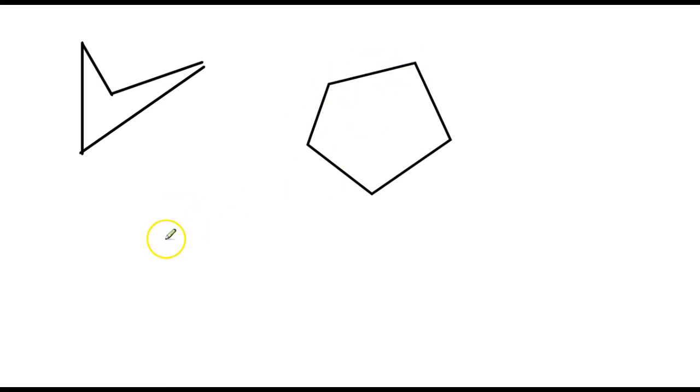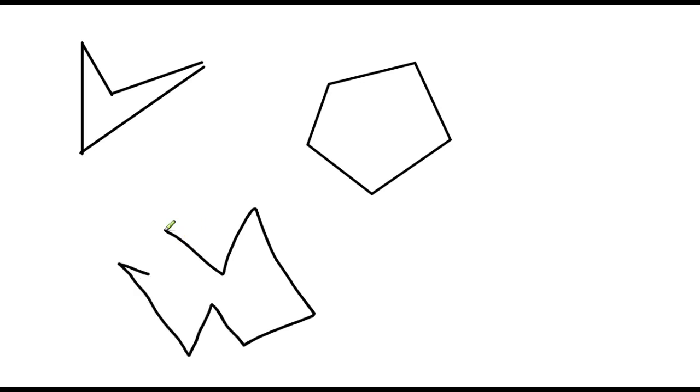So you can think of a heart. This would be another concave one. But we don't study these where they bend in like that. So that n minus 2 times 180 rule doesn't really work here because this is a super large angle right here. It's greater than 180. This is a convex polygon. That's what we'll focus our studies on.